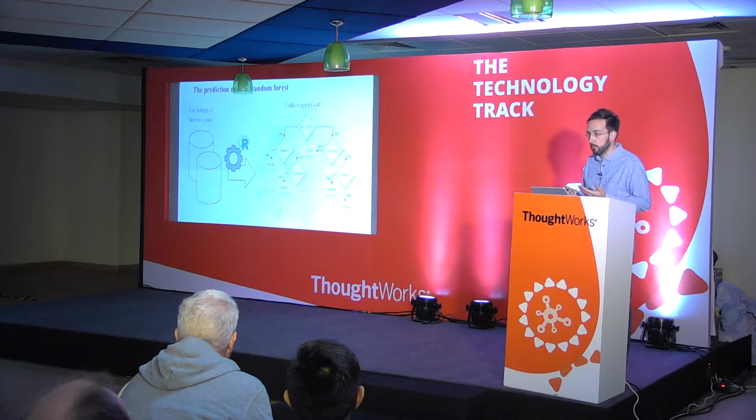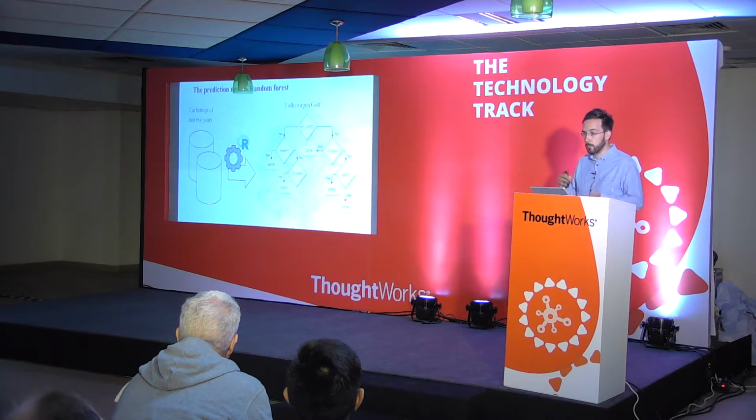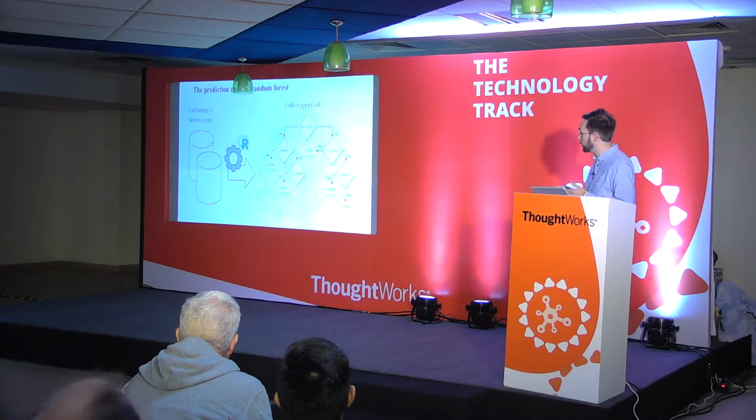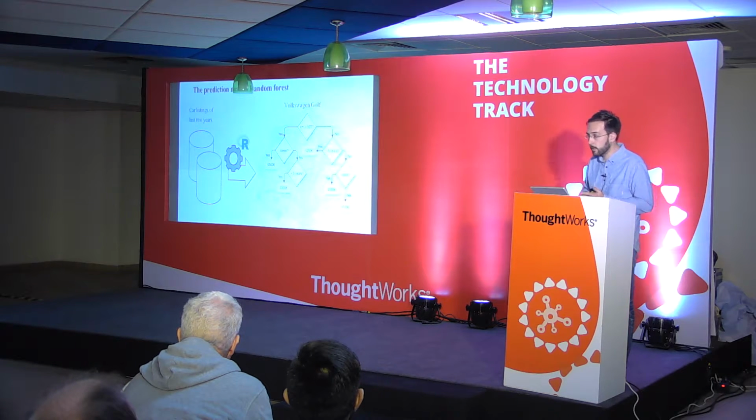Now the random forest algorithm is basically the algorithm that decides which of those decisions are the most important, and thereby decides the order in which they are arranged in this hierarchy. And beyond that, and that's why it's called random forest, many of those decision trees are generated.